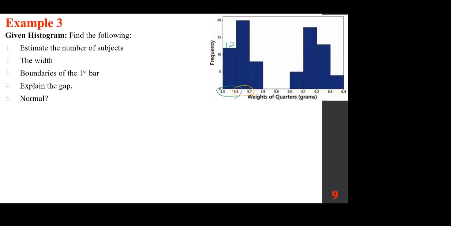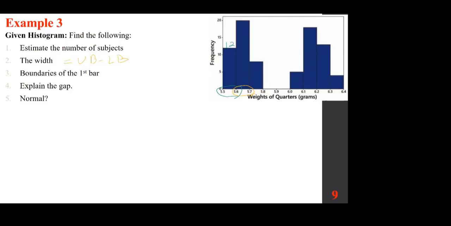When you want to calculate the width, if the boundaries are given, the width would be upper boundary minus lower boundary of the same class. Whereas for the limits, it was upper limit minus lower limit plus 1 unit. Okay, don't mix them up.